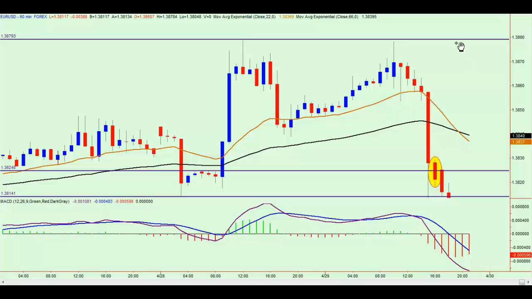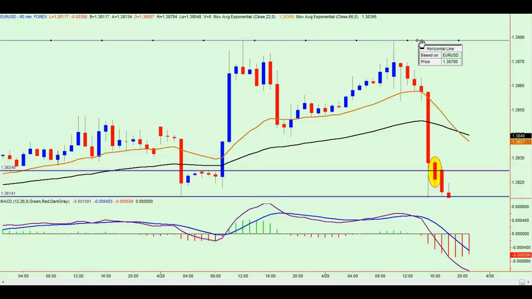Today we really had to wait for the US market to open at 2 o'clock this afternoon for this big drop that occurred. But prior to that, throughout the Asian session, price rallied back up to this area of resistance where it turned and fell from. So this is another confirmation. Resistance and support is key.